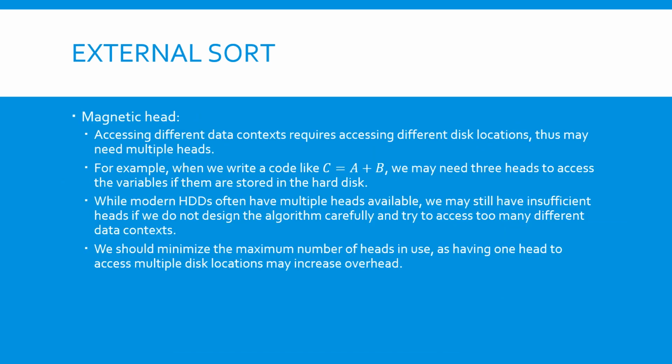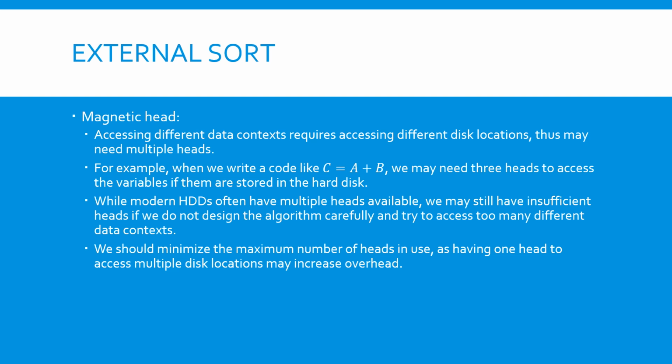Then, we shall discuss how the number of heads available affects our algorithm design. Sometimes, the execution of a command requires multiple pieces of data. For example, when we write C = A + B, we need to access three different data contexts, A, B, and C. The program can run faster if we can access these different pieces of data simultaneously.